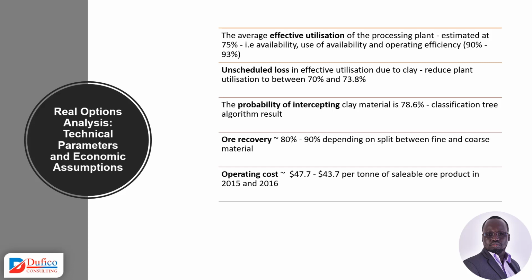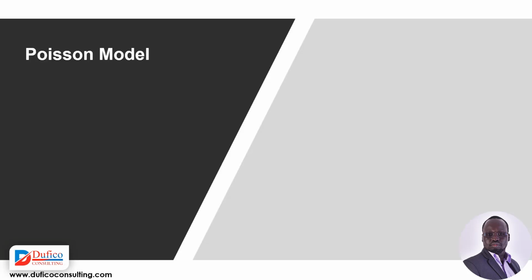The ore recovery normally ranges between 80 to 90% for most iron ore mines because it's mass production. Operating cost of a saleable ore product, that is what is processed and going to the market, is 47 to 43. This was in 2015 and 2016.